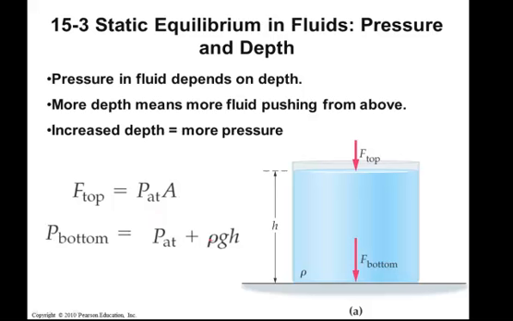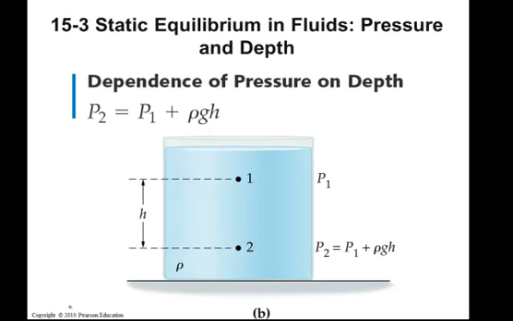That is rho, which is density, times g, which is 9.8, times your depth or height. This atmospheric pressure is that 1.01 times 10 to the fifth. So if we have a pressure here, the pressure down here will be larger because it will be the pressure that I had here plus the pressure from the depth.